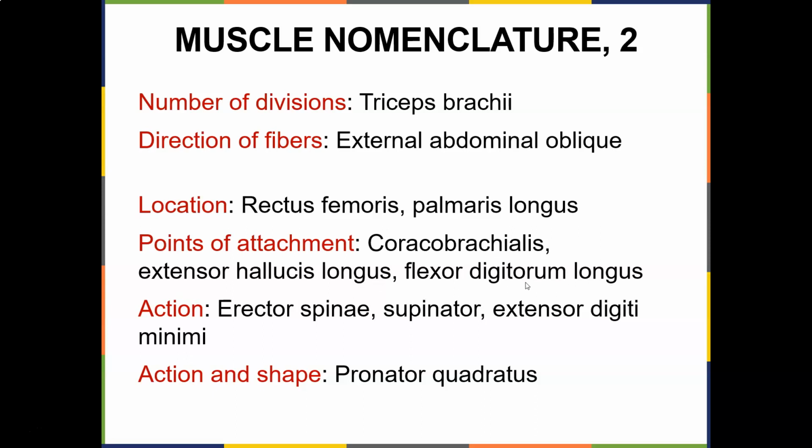Flexor digitorum, it flexes the digits. Okay, what's the action? Erector spinae, it erects the spine, the supinator supinates, and the extensor digiti minimi extends the little pinky. So muscles have all sorts of nomenclature. They can be named for divisions, direction, location, action, shape, pronator, and the quadratus. So this quad-shaped muscle pronates.